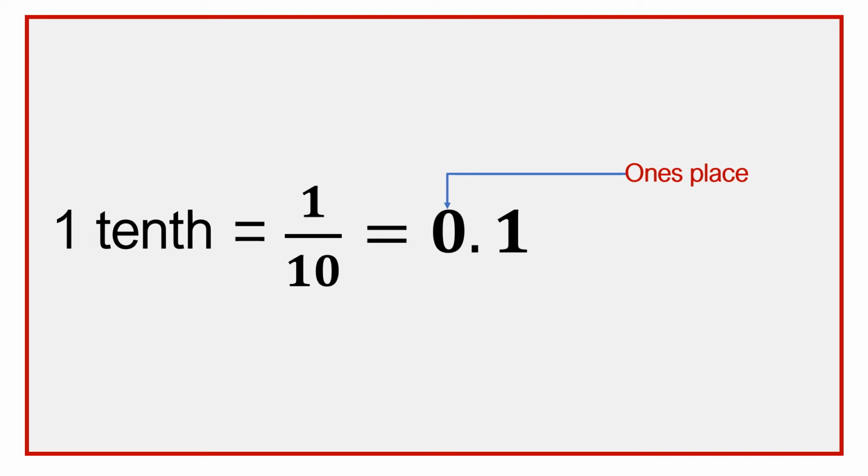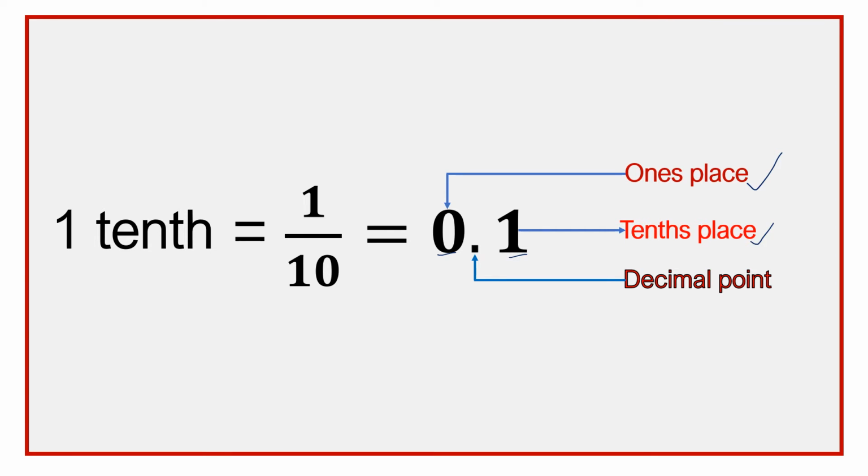Now 0 is in the ones place, and 1 is in the tenths place. This means that the place value of 0 is ones, and the place value of 1 is tenths.